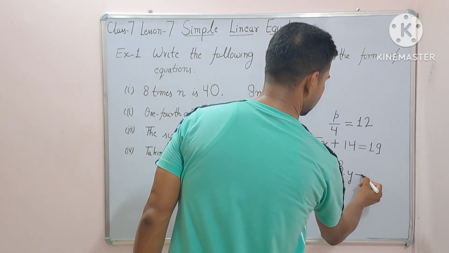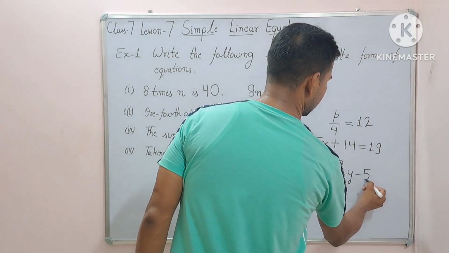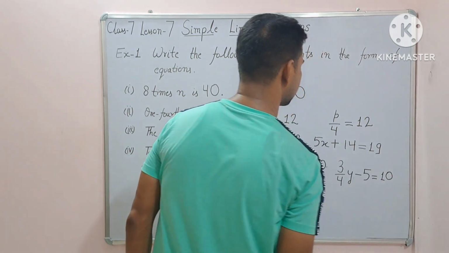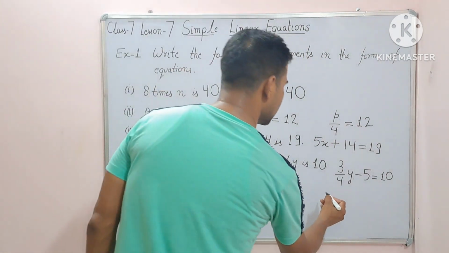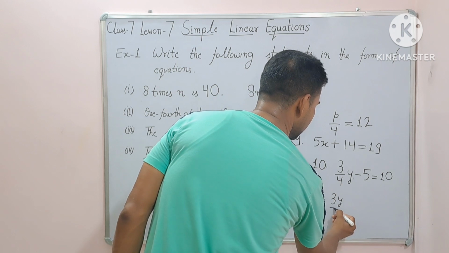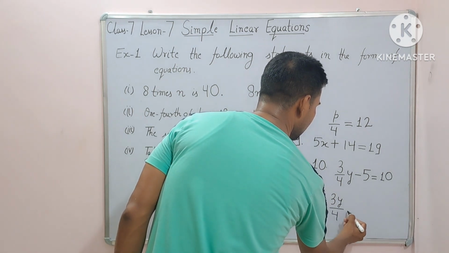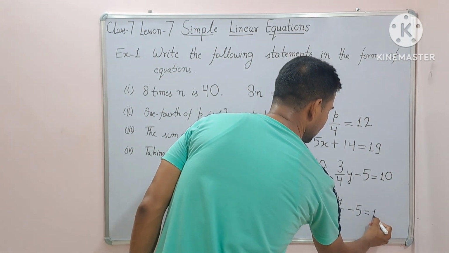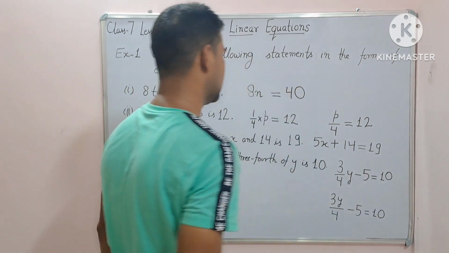Three-fourth of y taking away 5 is equal to 10. Okay? This can also be written as 3y by 4 minus 5 is equal to 10. Clear? Very simple.